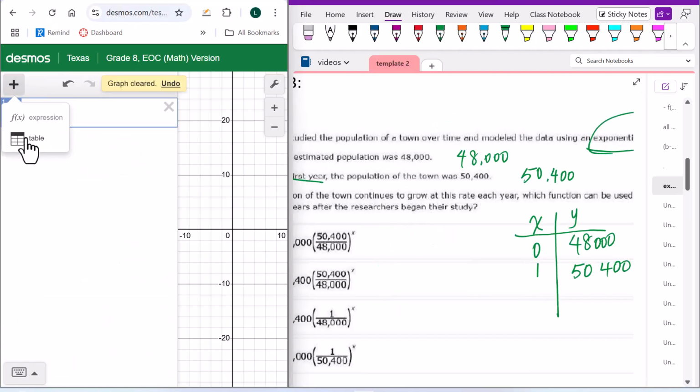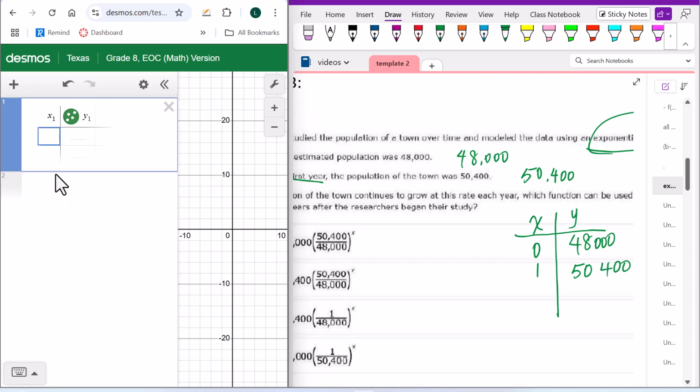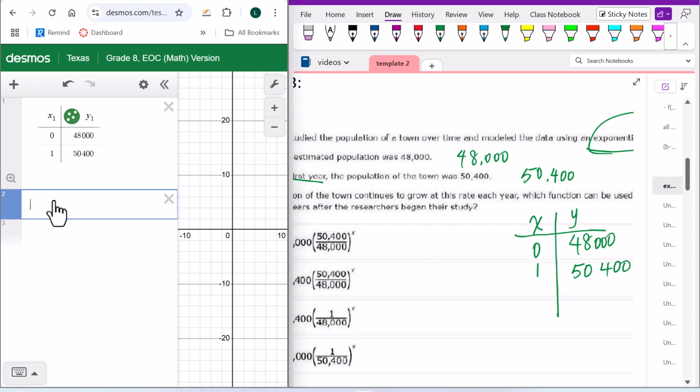Then add a table. 0, 1, 48,000, 50,400. Okay, click here. Type in y1 is approximately a times b to the power of x1.